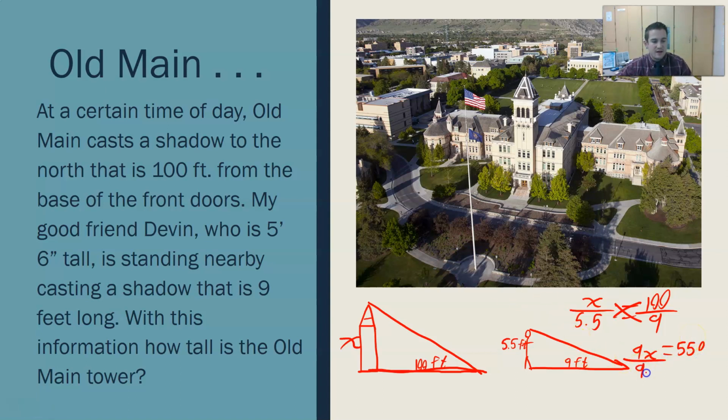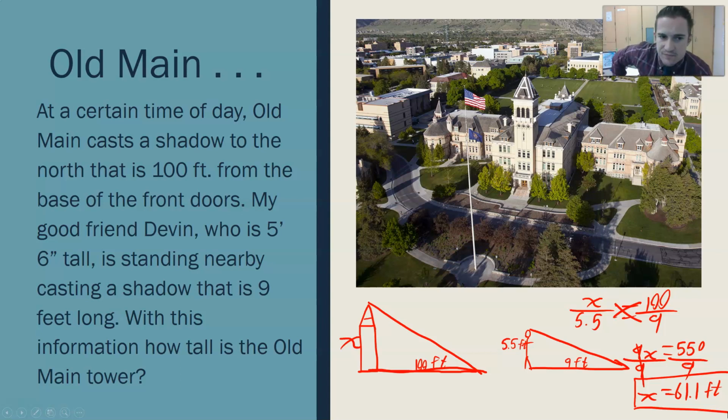And then I would divide by 9, which gives me an answer of 61.1-ish feet. If you go look it up, that's pretty darn close to how tall Old Main actually is, about 61 feet.